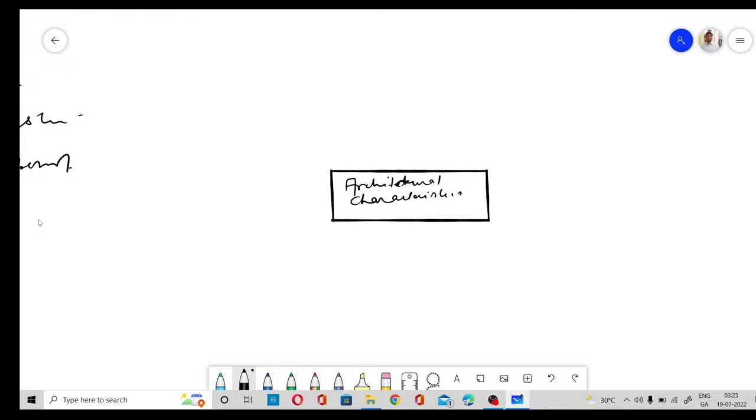This categorization of characteristics may differ from architect to architect. Here I divided the entire set of characteristics into 3 to 4 segments. The first segment will be, let's say, the creational.